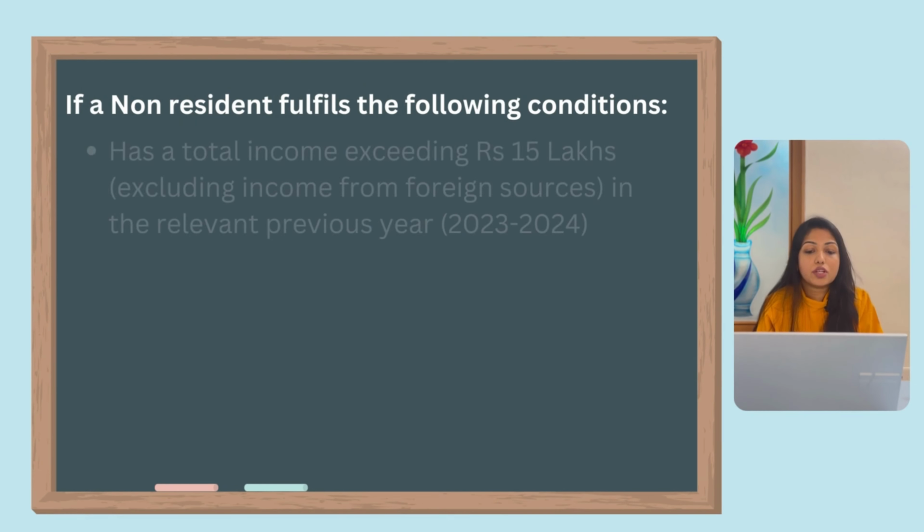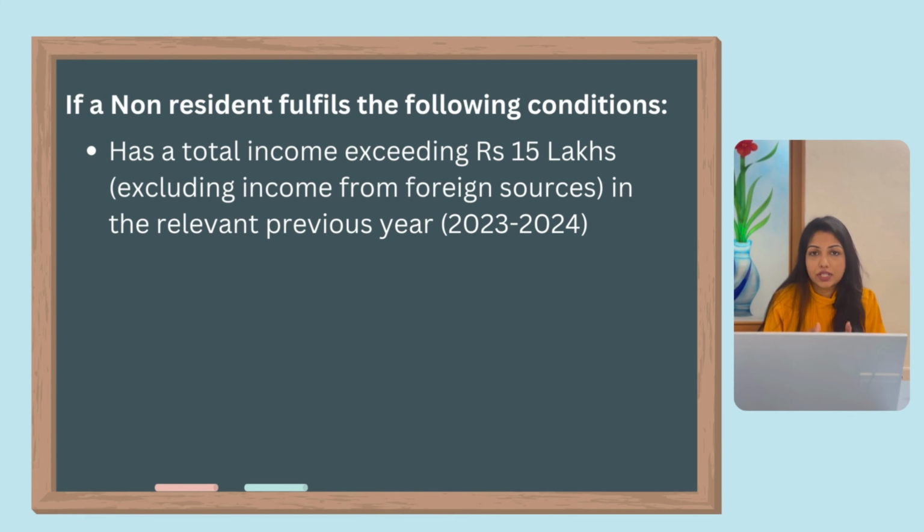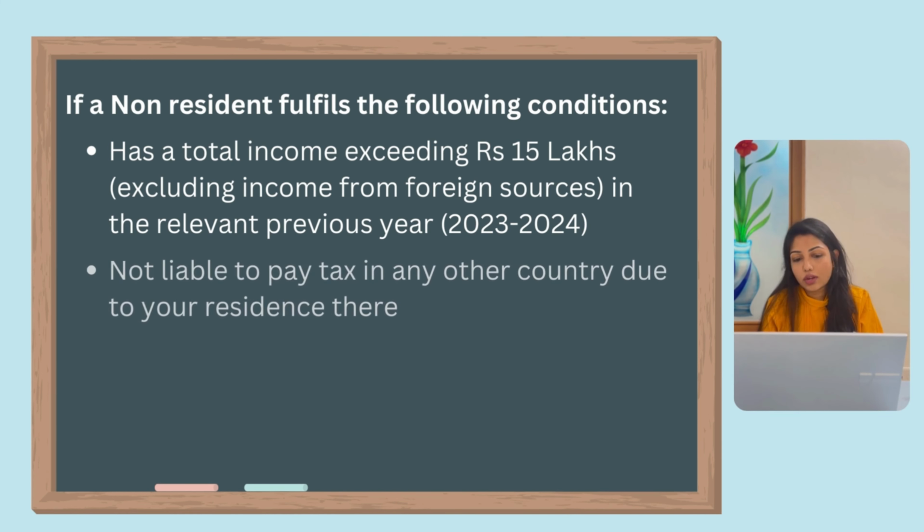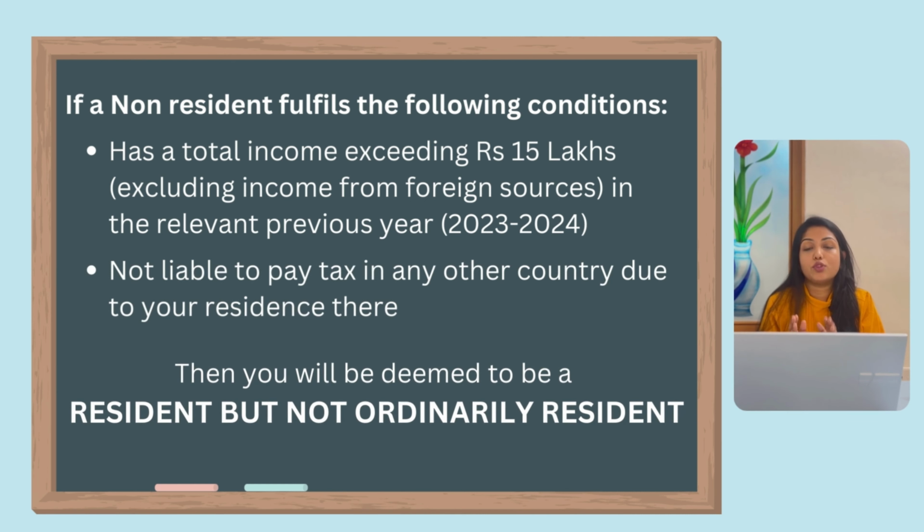But if you have a total income exceeding rupees 15 lakhs during the relevant financial year for which you are determining your residential status, and if this income excludes income from foreign sources, and if you are not liable to pay tax in any other country because of your residence there, then you would be deemed to be a resident but not ordinarily resident, which means you are no longer a non-resident but a resident and not ordinarily a resident.